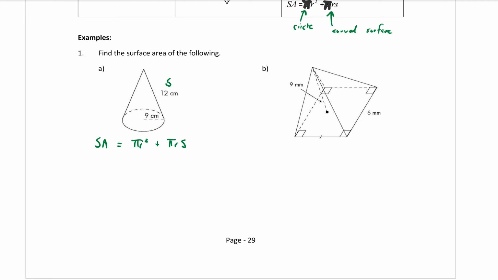The 9 is going to be my radius, so I have everything I need. I substitute it in. So pi times 9 squared plus pi times 9 times the slant height of 12, which is 593.76 centimeters squared to 2 decimal places.